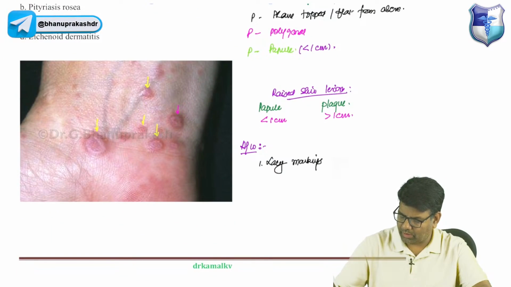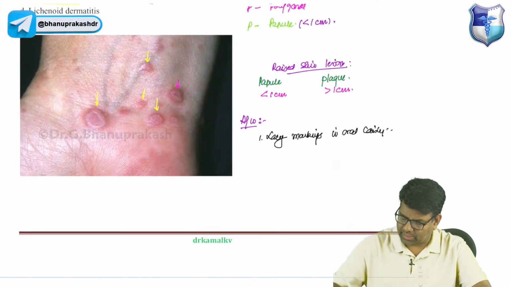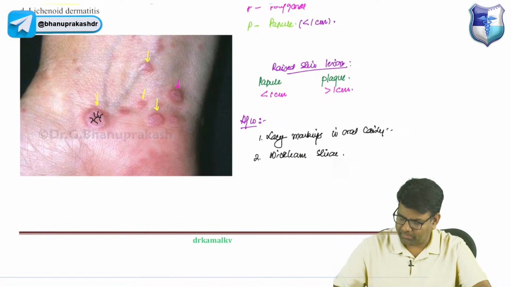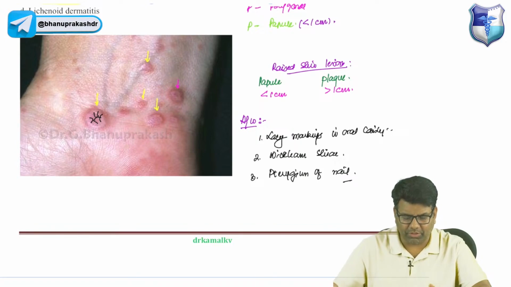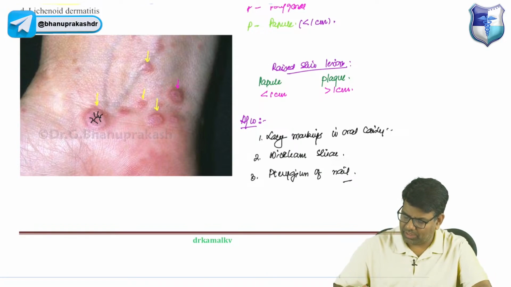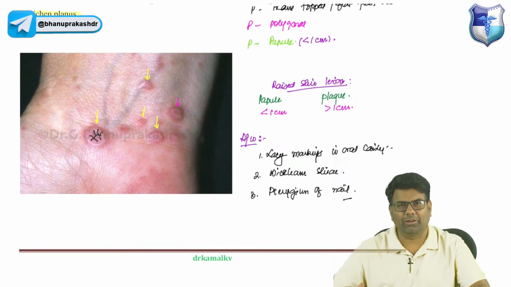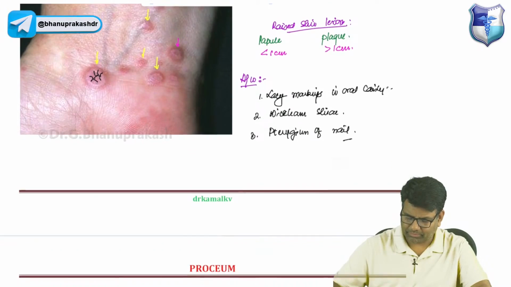Second, you can see Wickham's striae on the top of the lesion. These are additional features which you should remember. Please remember this much for lichen planus, and it is very easy to make a clinical diagnosis.